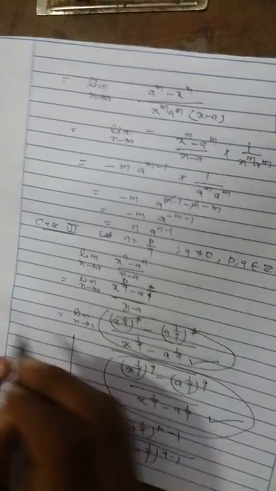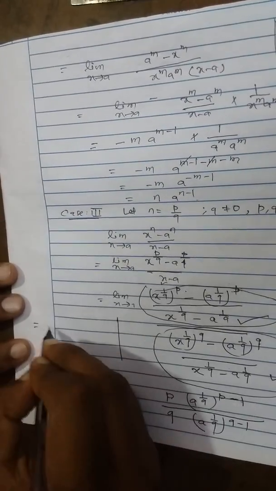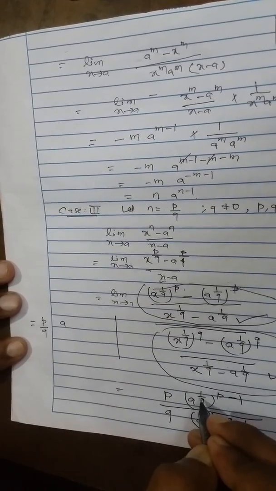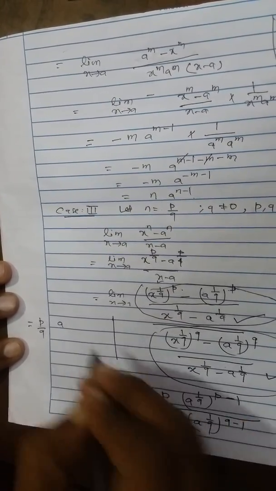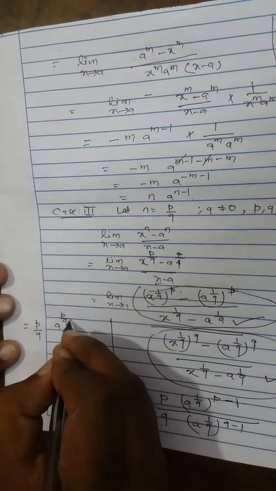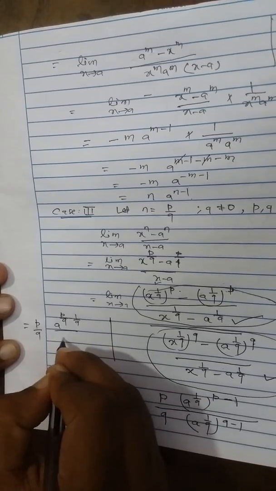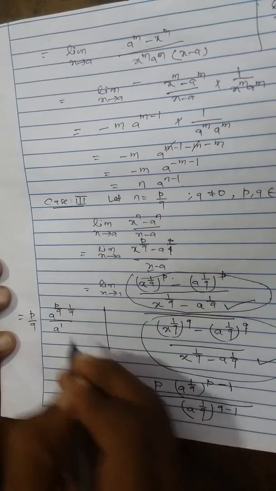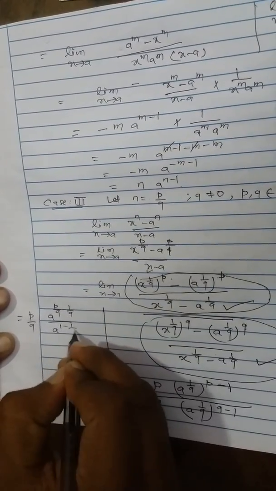So the result becomes p upon q as it is. Here a to the power, let us multiply both terms by 1 upon q, it becomes p upon q, and 1 upon q here, then minus 1 upon q, divided by a to the power, here q upon q is 1, minus 1 upon q.